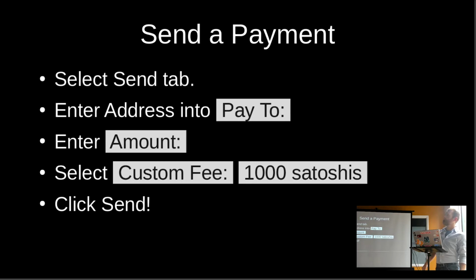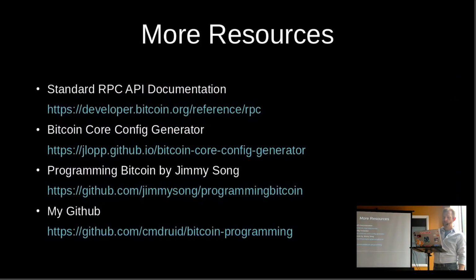So I'm going to skip forward really quick to this link here in the final slide, the standard RPC API documentation, which lists all the RPC commands that are available.